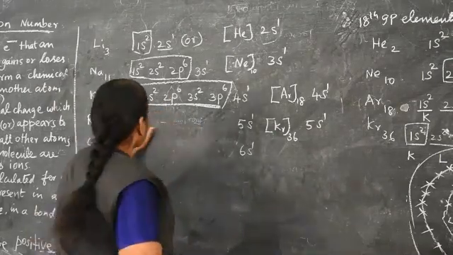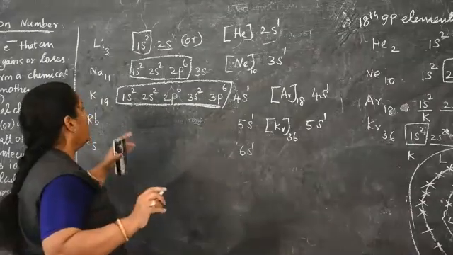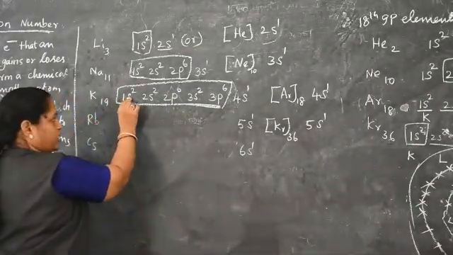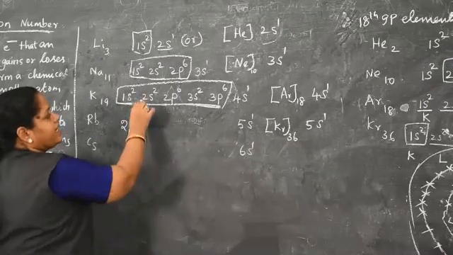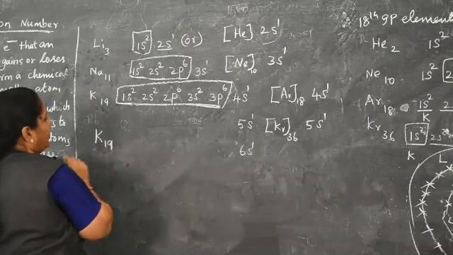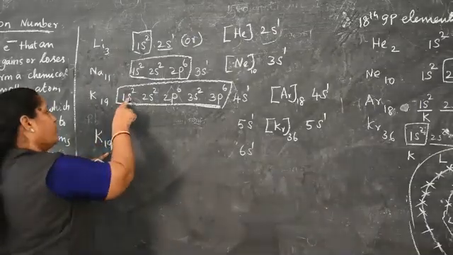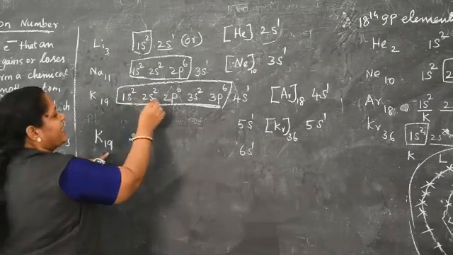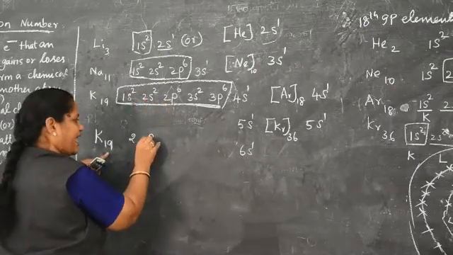So one more thing you want to know: what is the total number of electrons in the first cell? 2 electrons. Second, for potassium, atomic number 19, first cell how many electrons are there? 2. Second cell collectively how many? 8.